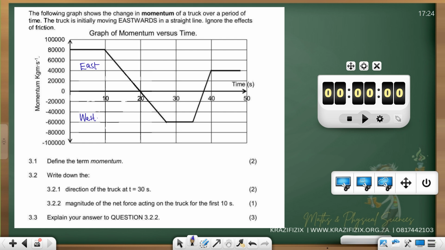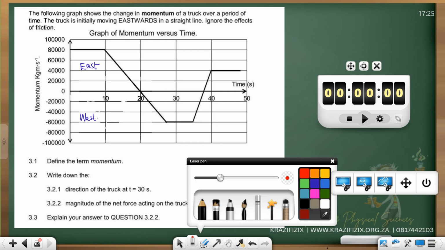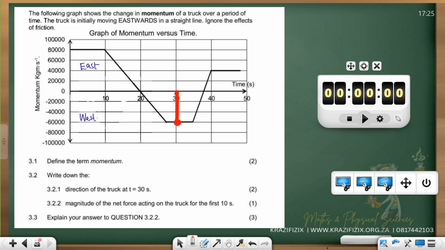Okay, define momentum. Again, another definition where you're supposed to pick up mass. Very, very important. Product of mass and what? Velocity. Write down the direction of the truck at time t is 30 seconds. Oh, beautiful. Look at 30 seconds. Do you see we're on the negative side already?